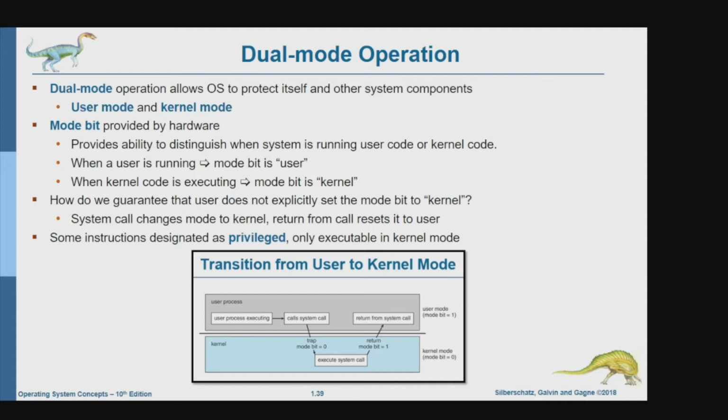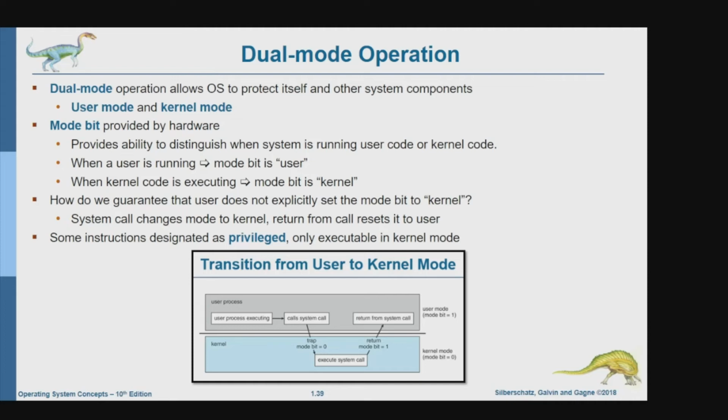So here, when a user is running, the mode bit is user. When kernel code is executing, the mode bit is kernel. So it is easy to distinguish between the user code and the kernel code. So how do we guarantee that the user does not explicitly set the mode bit to the kernel?